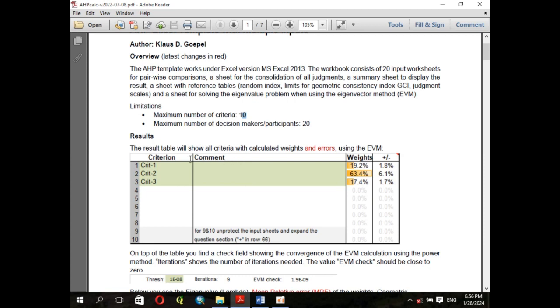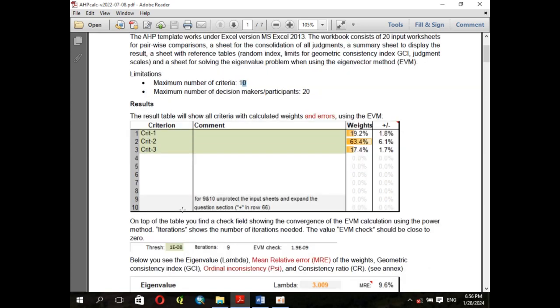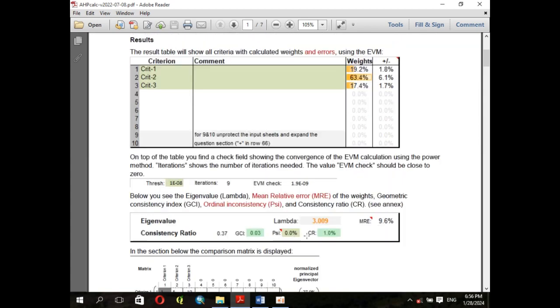We can give comments, and we can get the weights, yeah, for each criteria. We will see it one by one, and there are some eigenvalues under the macro, yeah, lambda as well as MRE, and the consistency ratios are also available here.